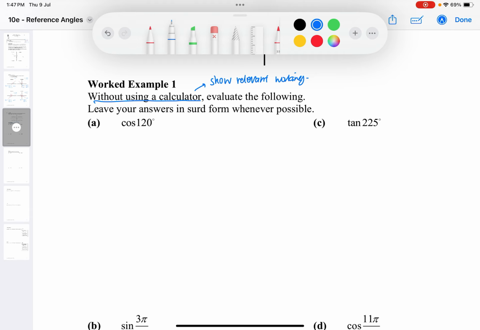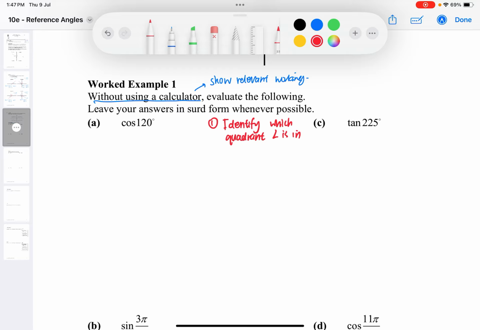The first step is to identify which quadrant the angle is in.